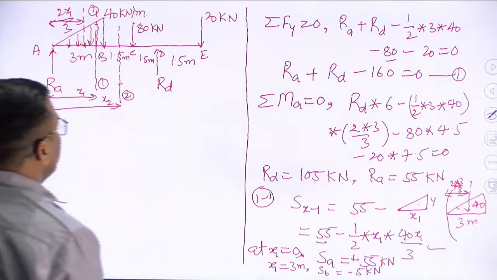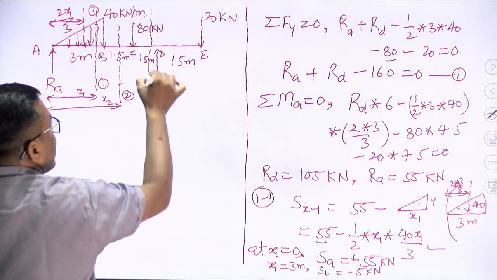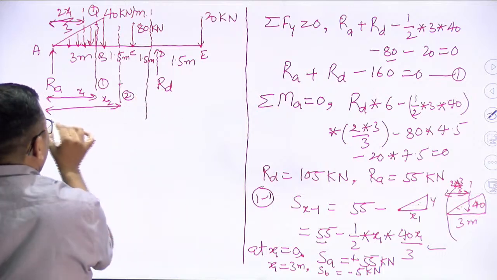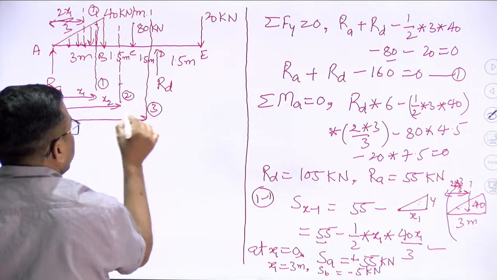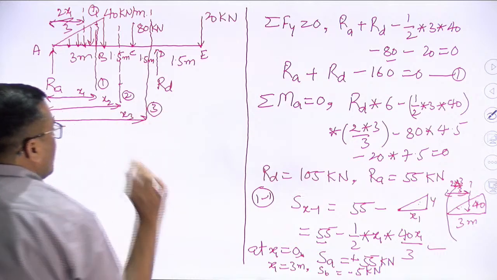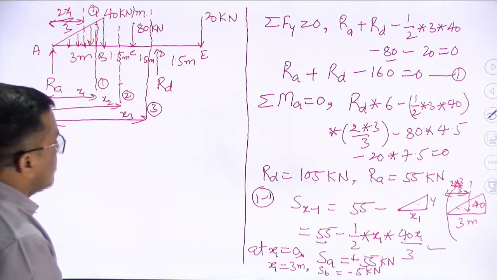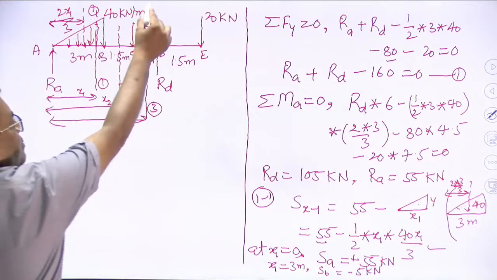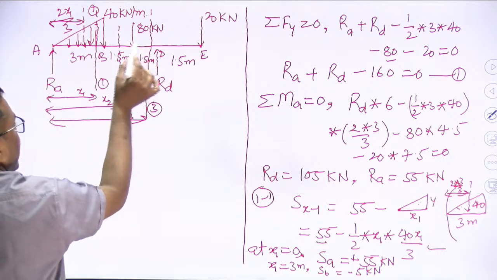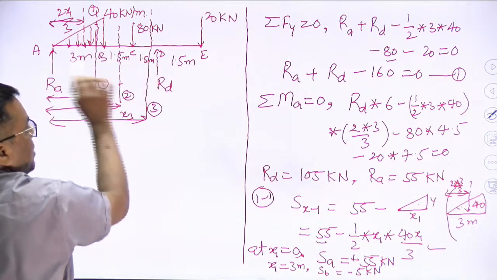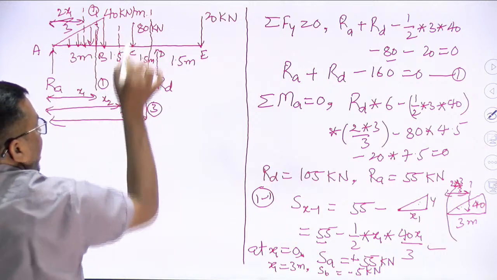Now I am coming to another section, between C and D, and the distance from A will be x3. Definition wise it is clear: the algebraic sum of all the forces acting on either side of the section plane. What are the forces on the left side of this section plane? RA, UBL completely, and the 80.